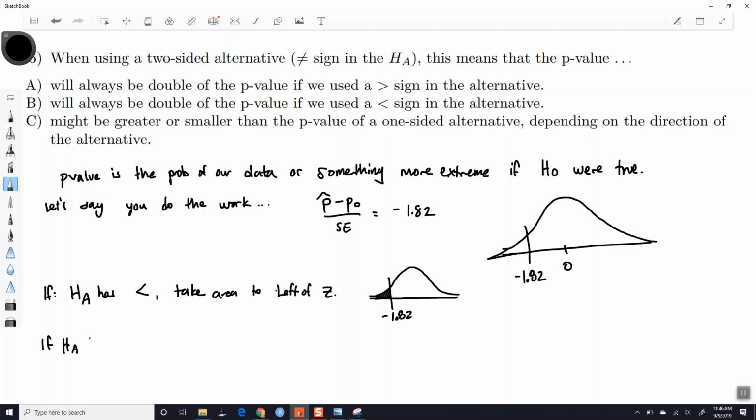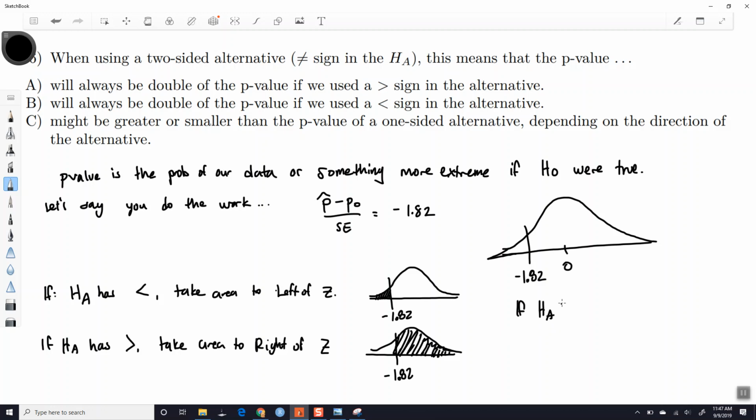If the alternative has a greater than sign, we take the area to the right of Z, which in this picture is going to be weird, because we're on the negative side, negative 1.82, and the area to the right ends up over here.